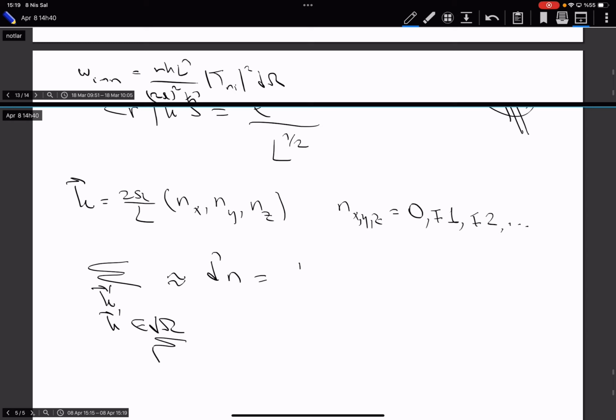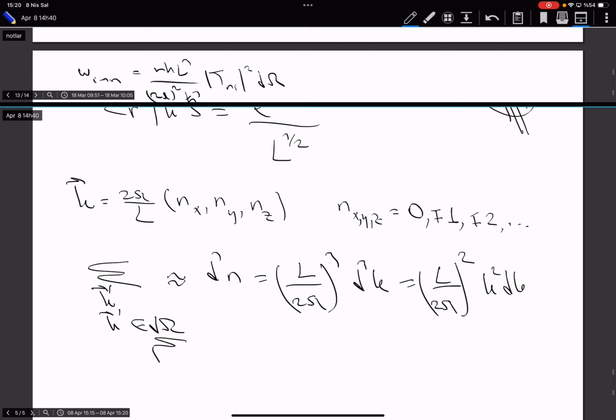This will be (L over 2 pi) cubed d cubed k, which will be (L over 2 pi) cubed k squared dk d omega. These are all primes.